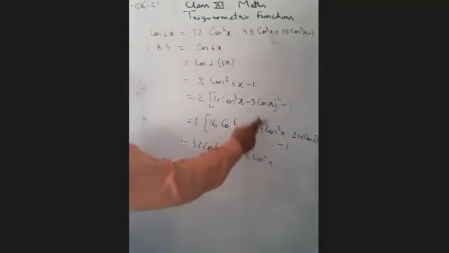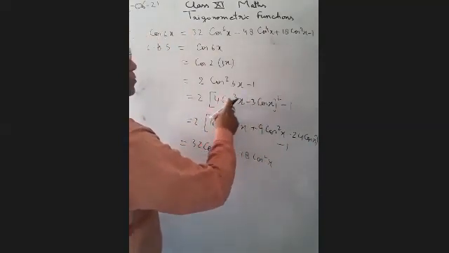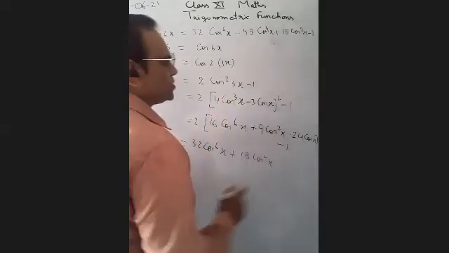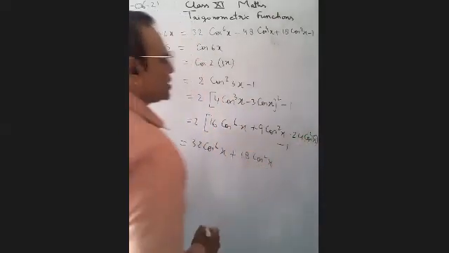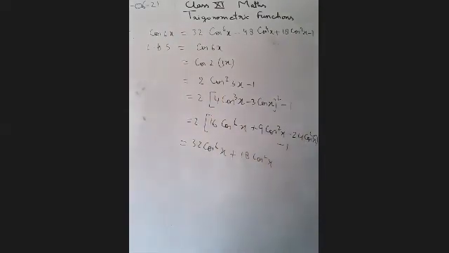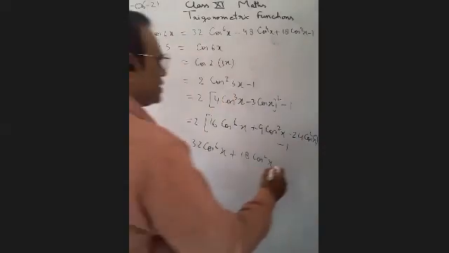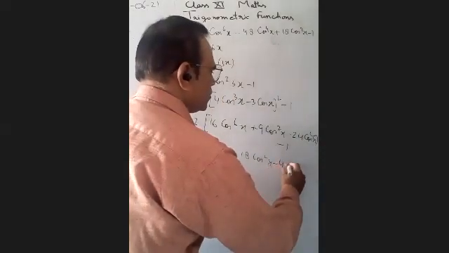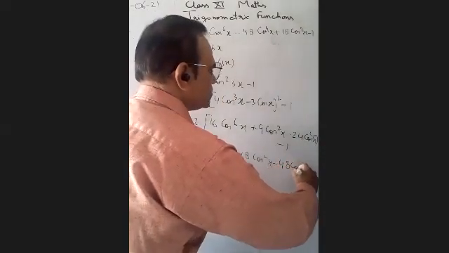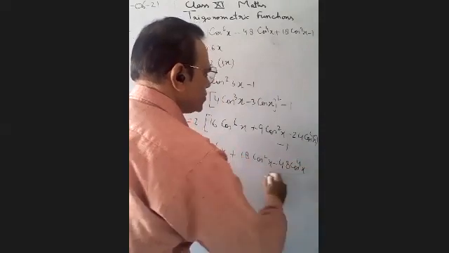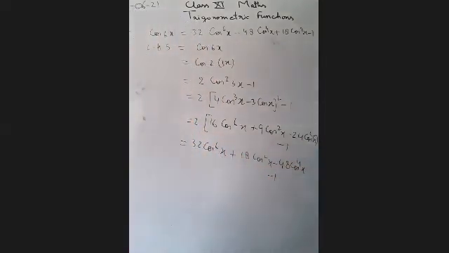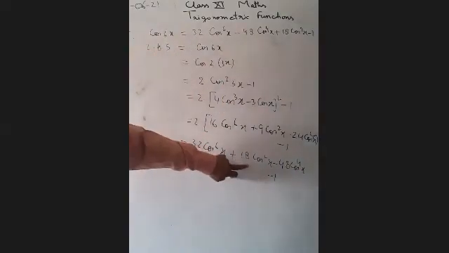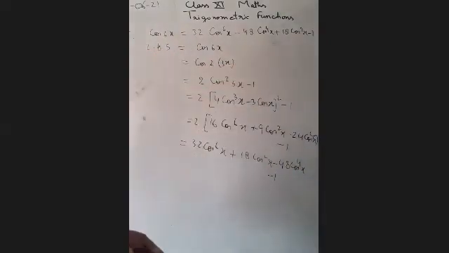Here we multiplied 24 by 2, which gives 48, but we have to add the degree of cos x, so it will be cos 4x. Minus 48 cos to the power 4x minus 1. So this we had to prove.